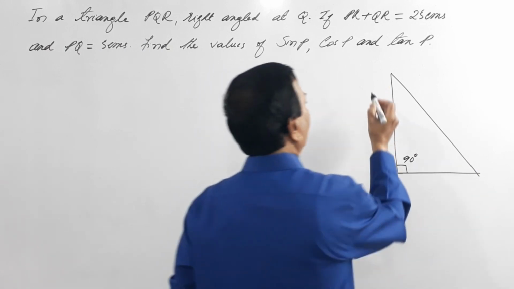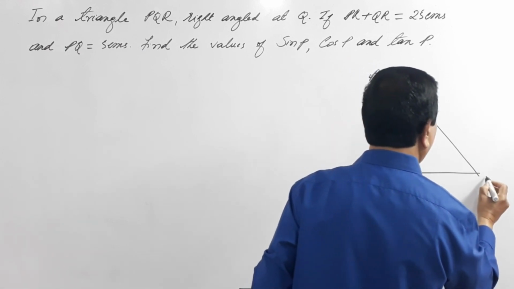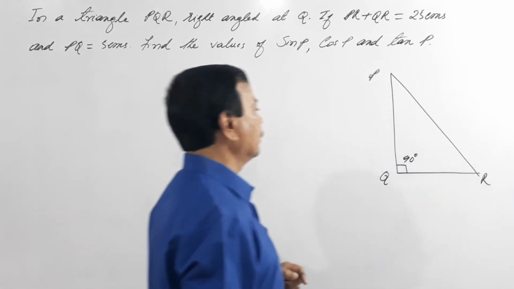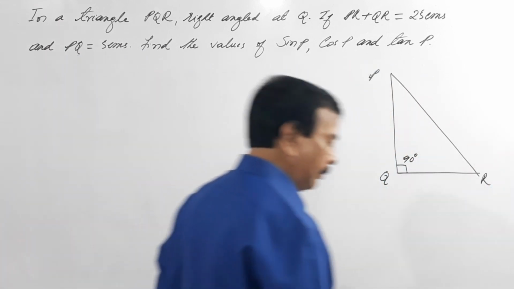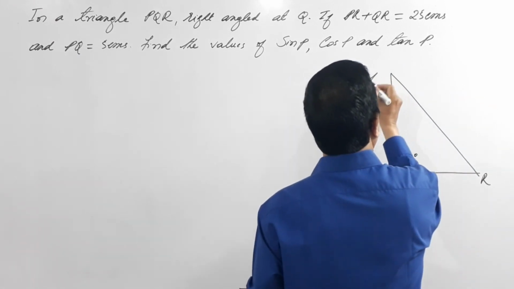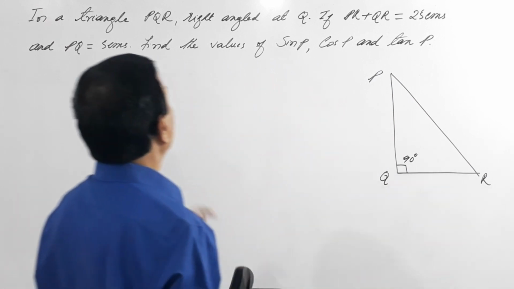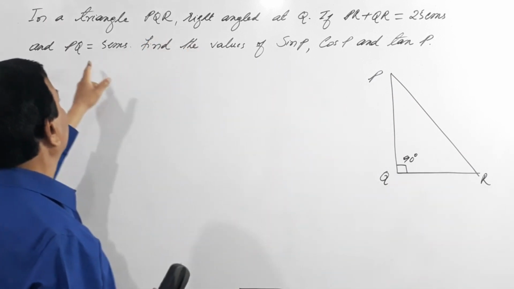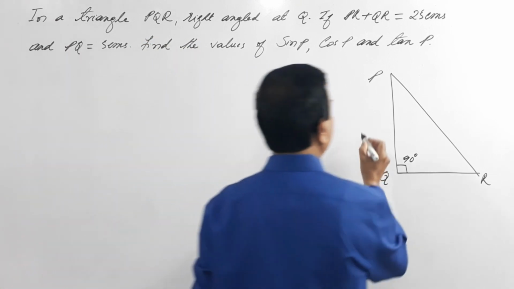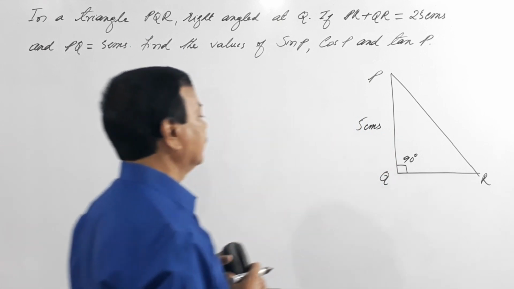That is, we call this P, Q and R. So what he has given? P, let me write correctly. This P doesn't look like P. P, Q and R. PQ is 5 centimeters. So PQ equals 5 centimeters.